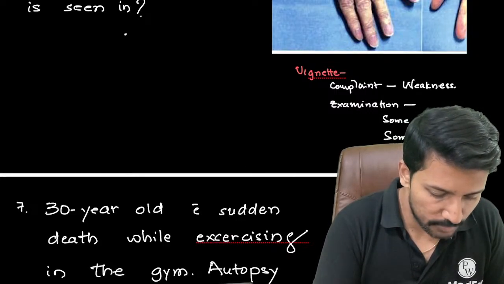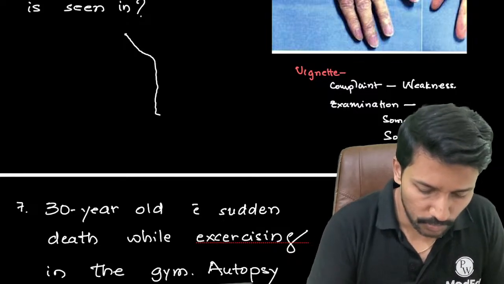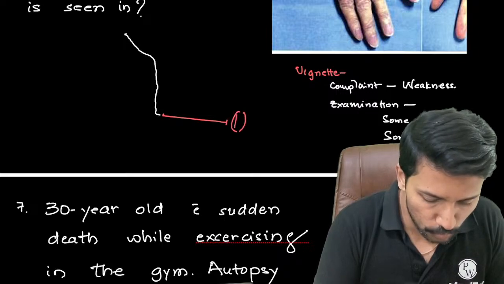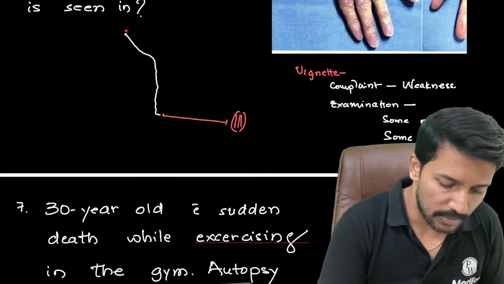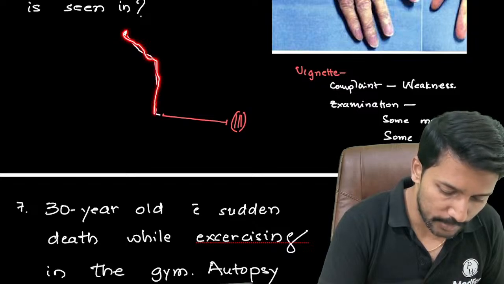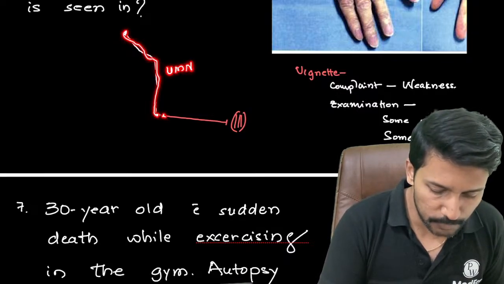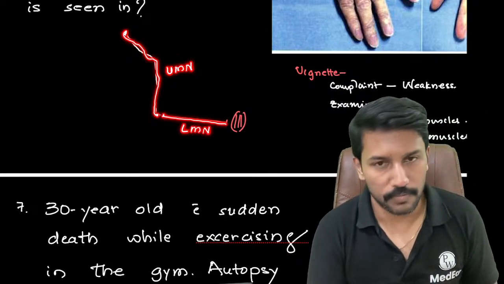Normally from the motor cortex of the brain, we have a neuron which comes all the way to the spinal cord, and from the spinal cord, another motor neuron takes the information to the neuromuscular junction for us to contract a muscle. The one that starts in the cortex and comes all the way to the spinal cord is called the upper motor neuron, and the one that starts from the spinal cord and goes to the neuromuscular junction is what we call the lower motor neuron, right?